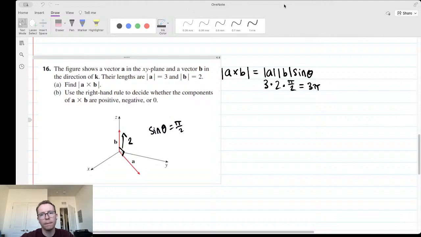Oh wait, but well, no. So just using my hands, it's like, okay, it's probably negative, but I don't think it is.